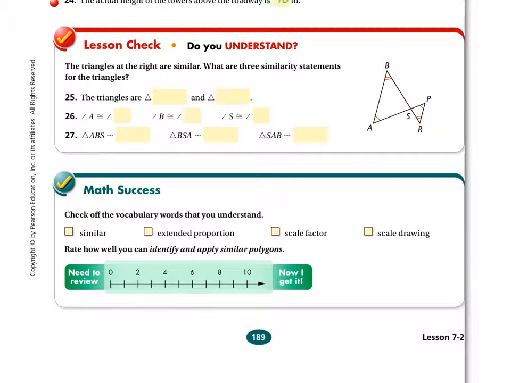And then the last thing I want you to do is answer questions 25 through 27 and determine what the 3 similarity statements would be. And 27 is just getting you to identify the corresponding angles, and you could write 3 different similarity statements for those 2 triangles, depending upon what order you put the angles in.